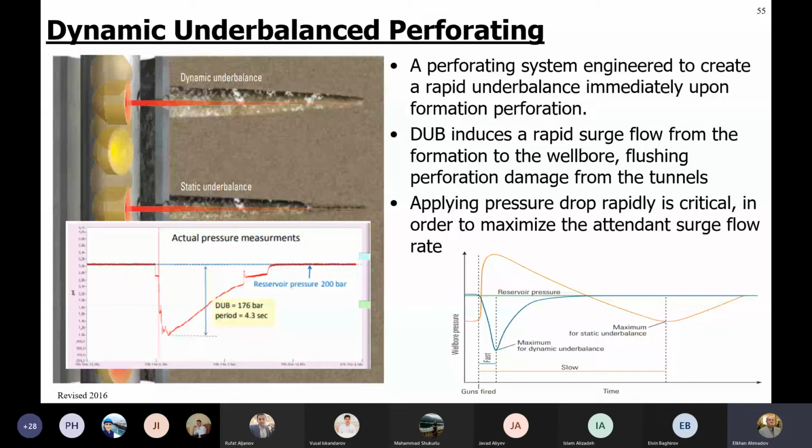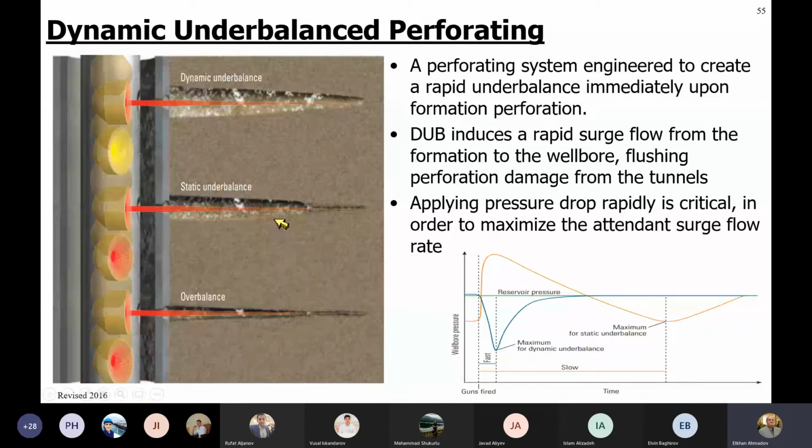And believe me, this increases the productivity of the well to a very high level. So the difference between this perforation and this perforation and this perforation in terms of well productivity is very, very significant.